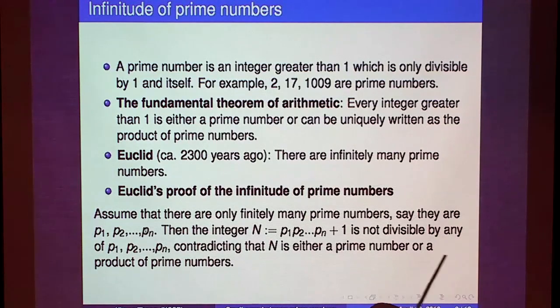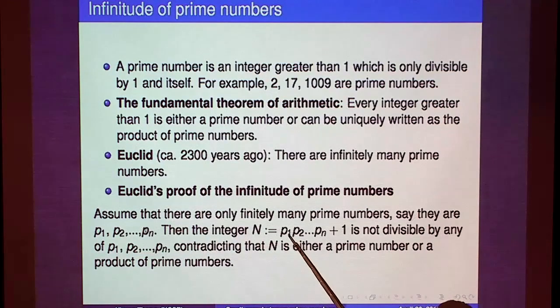These are all the prime numbers. Now we take the product of all these numbers, then add 1, and we get a new integer. This integer could be very large, but it is a finite number. It's an integer. Then we find that this integer is not divisible by any of P1, P2, up to Pn.